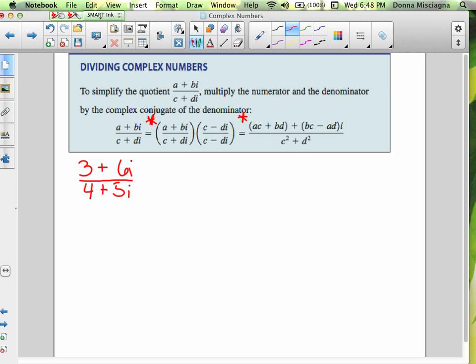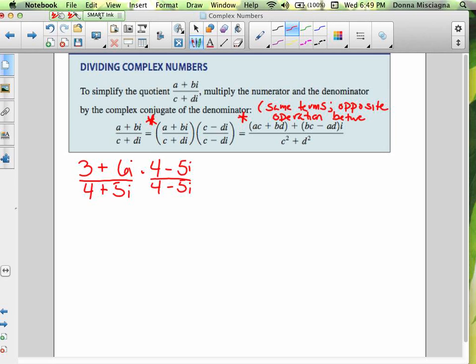Now we're going to multiply by the conjugate of the denominator, so we multiply by 4 minus 5i. Because if our denominator is 4 plus 5i, the conjugate has the same terms but the opposite operation between terms.